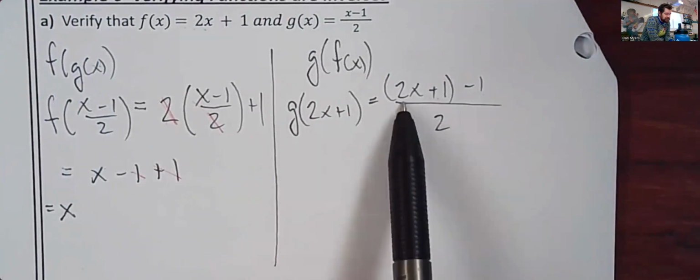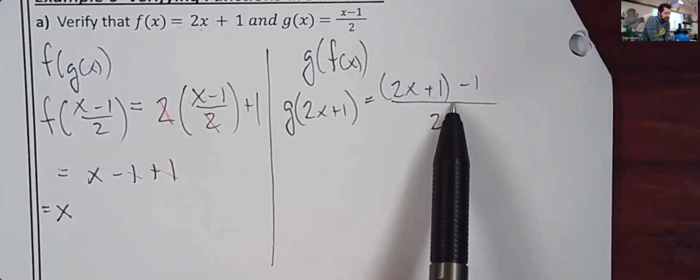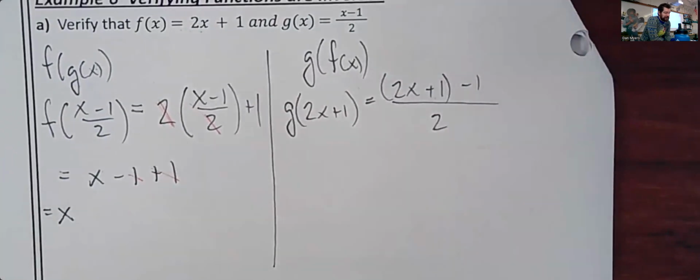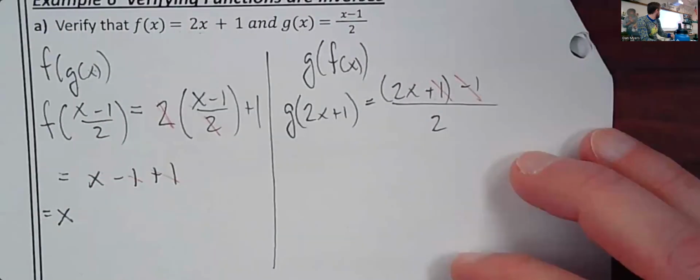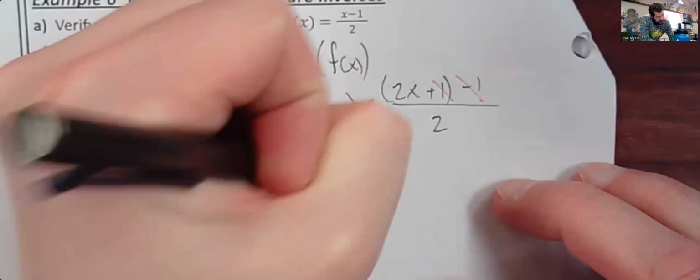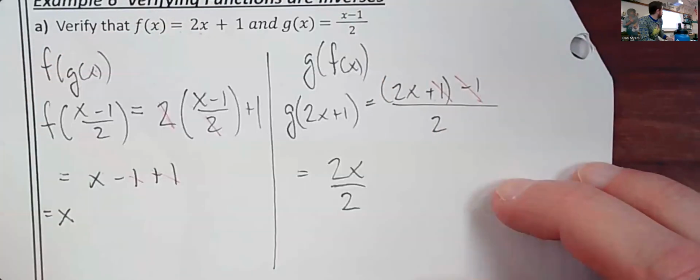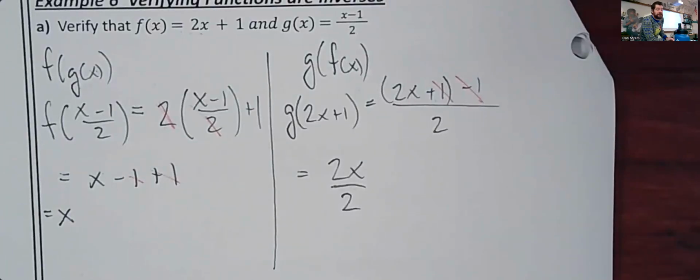Now, the parentheses here don't actually mean anything because we're not multiplying by anything, so they didn't have to be written in the first place. So that basically means we can take our minus 1 and our plus 1, and those are going to cancel out on the numerator. And that's going to give us 2x over 2. And then what does 2x over 2 simplify to equal?